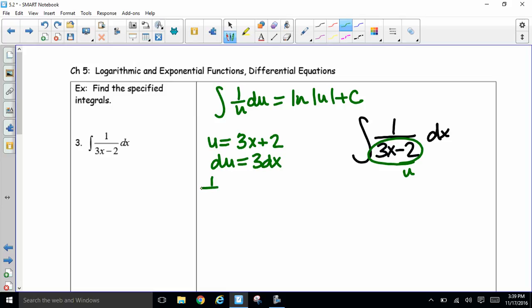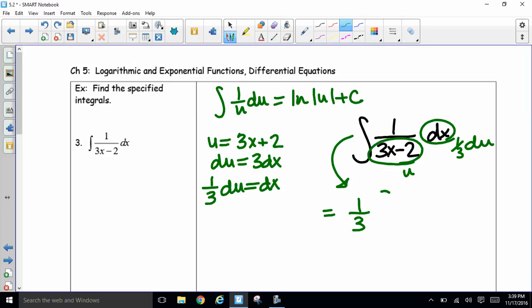So again, back to chapter 4 review, I'm going to turn this into 1/3 du is equal to dx. So now I can replace the dx with 1/3 du. And we did this quite a bit. We know it's easier if we put the 1/3 in front. 1/3 times the integral of 1 over u du. So 1/3 times natural log absolute value of u plus c.